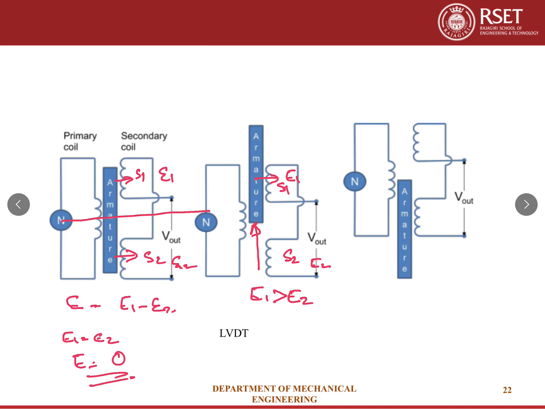As a result, extra magnetic field is linked with S1 and there is a reduction in the magnetic field linked with S2. So EMF generation will be more in E1 compared to E2. Since they are connected in series opposite, the net voltage is E1 minus E2, which will not be equal to 0.